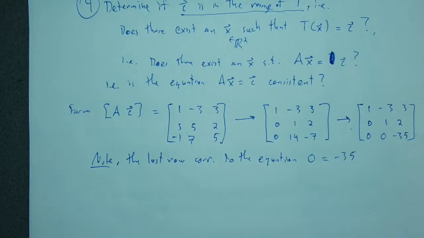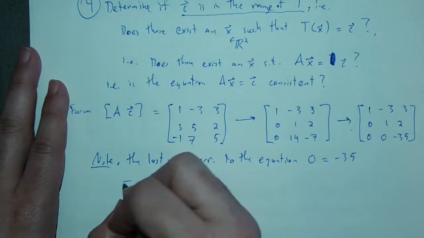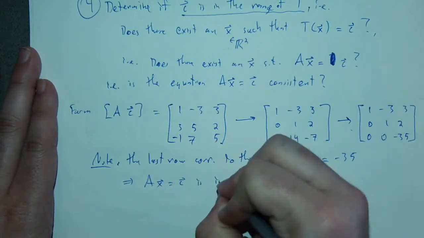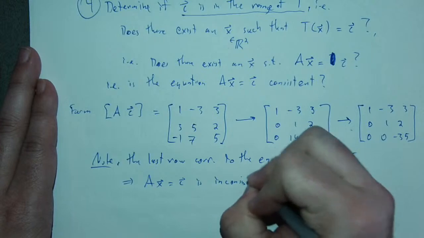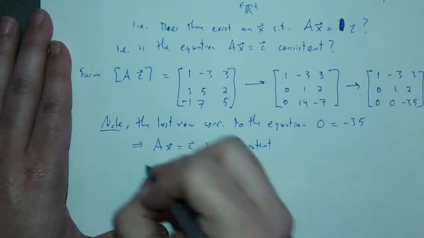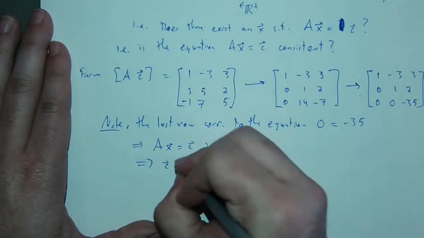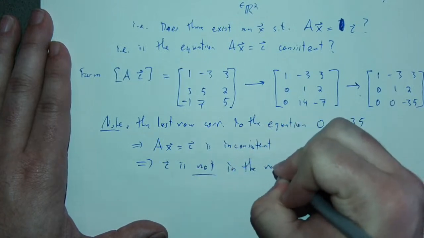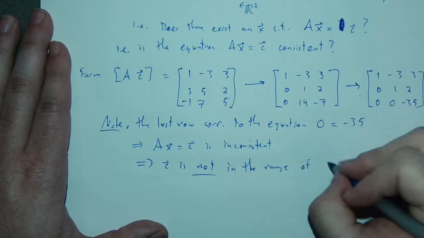So we know that this is bad, i.e. AX equals C is inconsistent, which of course means that C is not in the range of T.